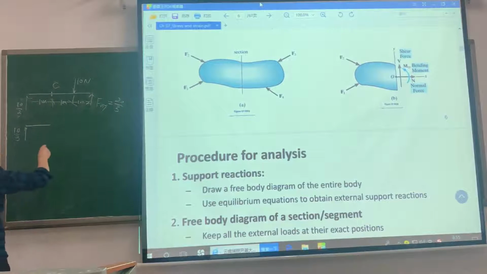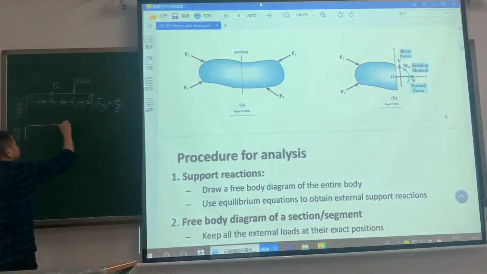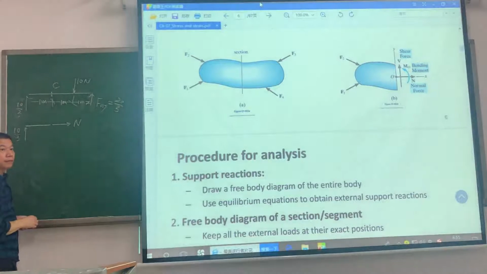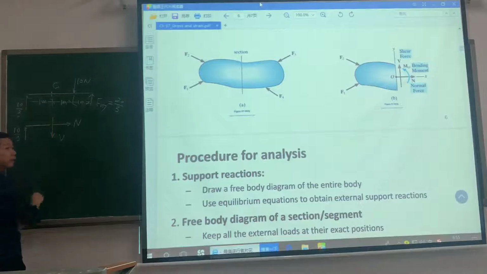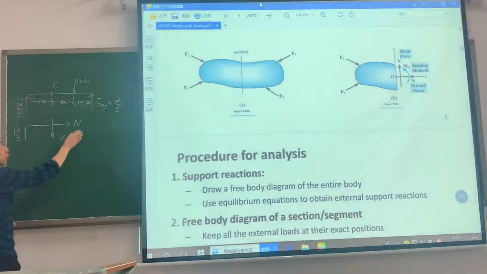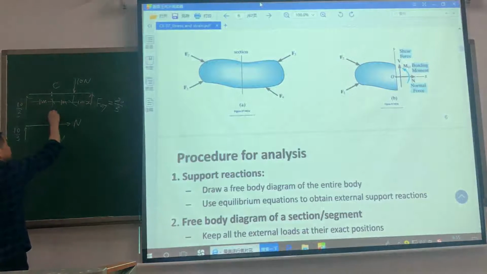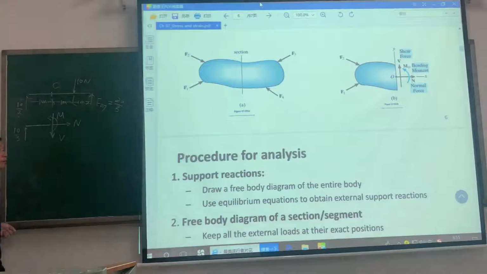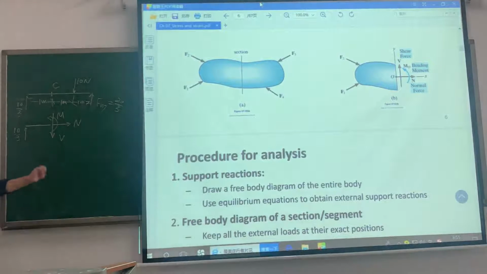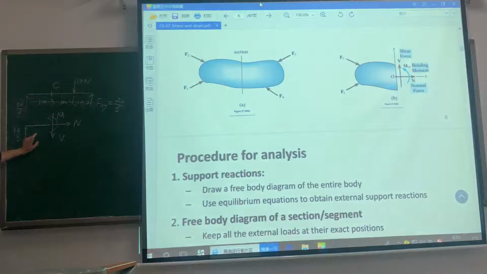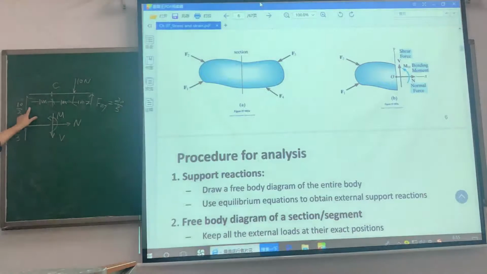So we have N, the normal force, V, the shear force, and M, the bending moment. Okay. This is the free body diagram of the left part.